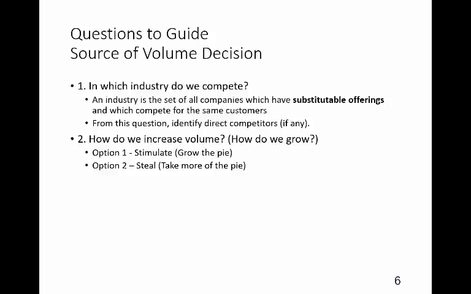If you are working with a company for which the industry has a very large set of competition, it's very broad, for instance, the automobile industry, then you could also use the value equivalence line to help you narrow in on what are truly substitutable offerings.